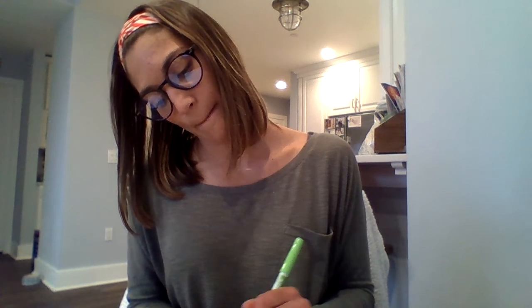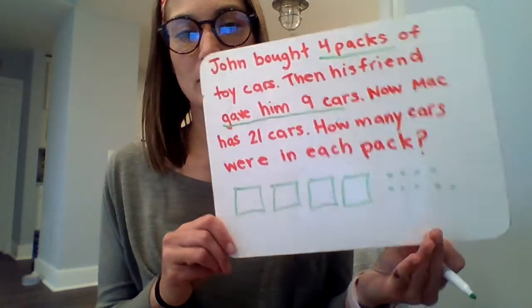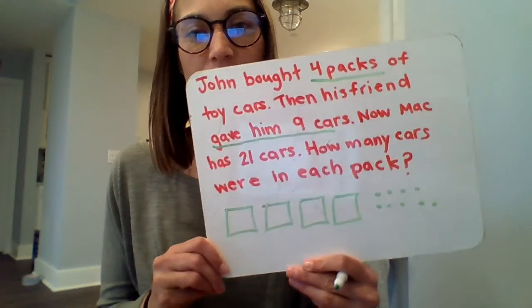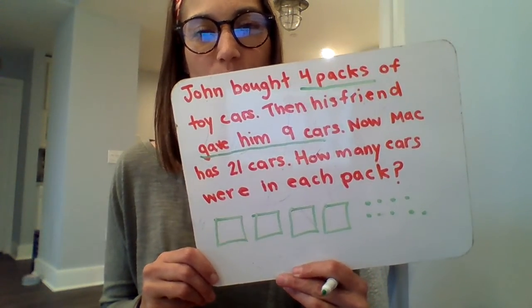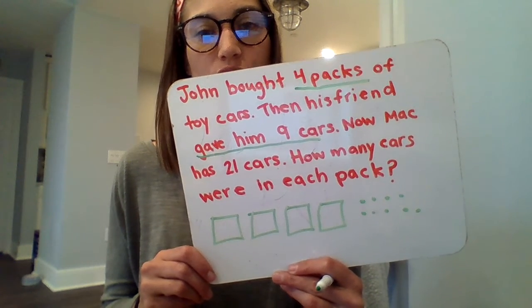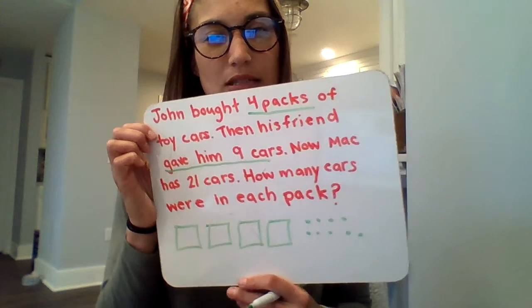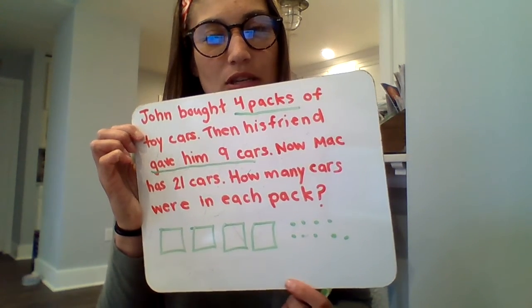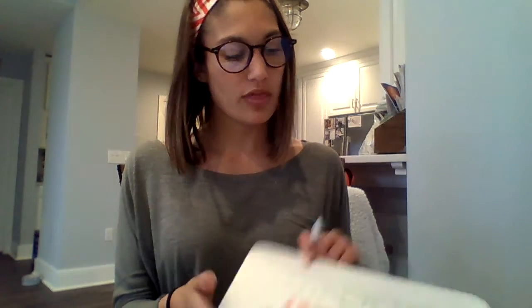I have 4 packs of cars and then 9 extra cars. See how I did that? I'm literally picturing my packs of cars and then 9 extra cars. Now, Mac has 21 cars. How many cars were in each pack? So I need to think how many would need to be in each of these for the whole thing to equal 21.